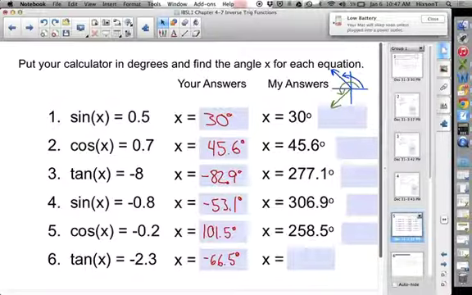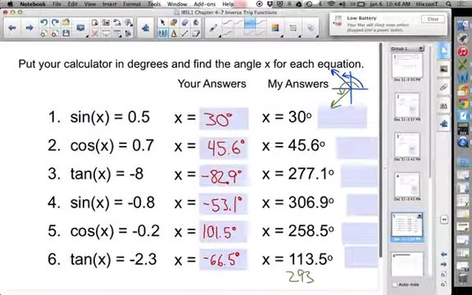Same thing for this last one, for tangent, you could have gotten a positive 113.5, you could have also gotten 293.5, because tangent is negative in the second and fourth quadrants.